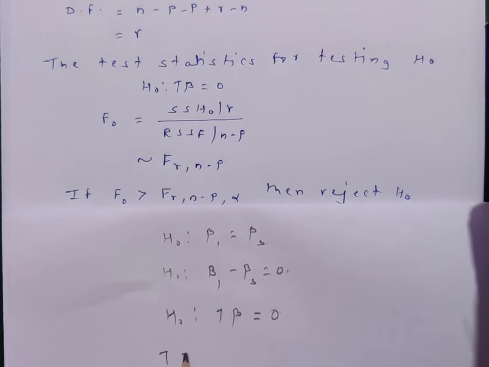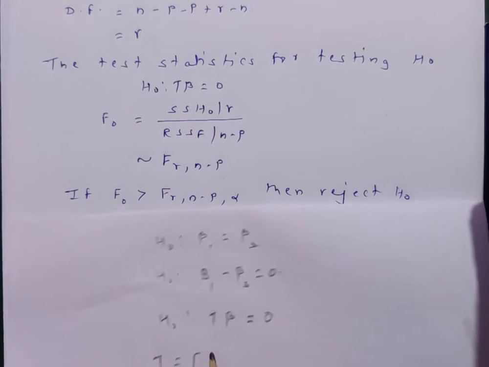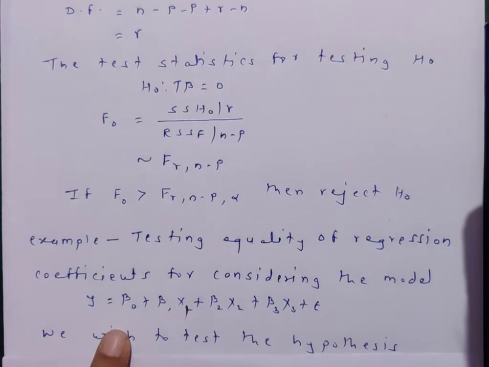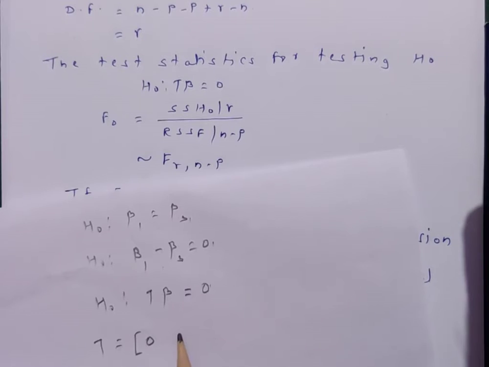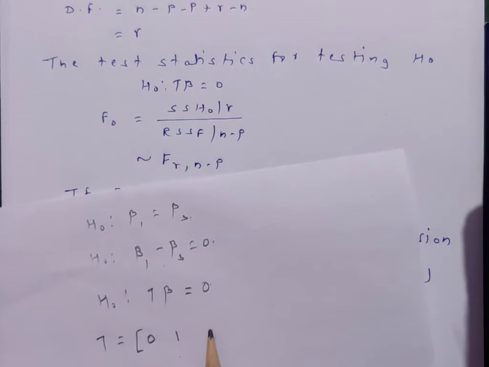So that means my T matrix can be written as follows. The coefficient for beta naught is 0, because I have only the terms beta 1 and minus beta 3. So 0, 1, then for beta 2 it is again 0, and for beta 3 it is minus 1.